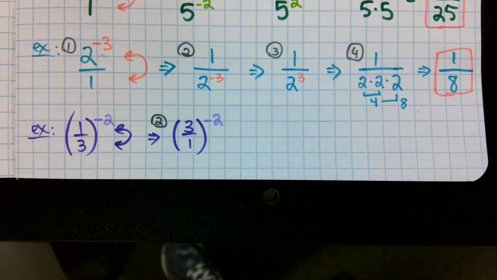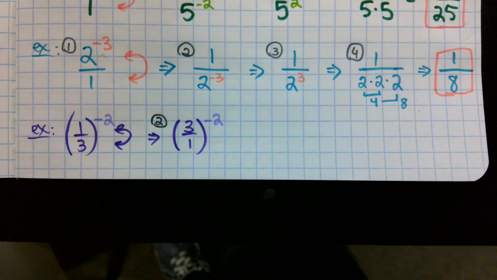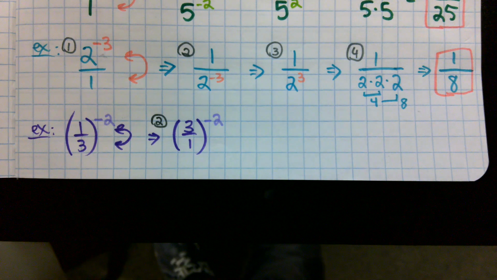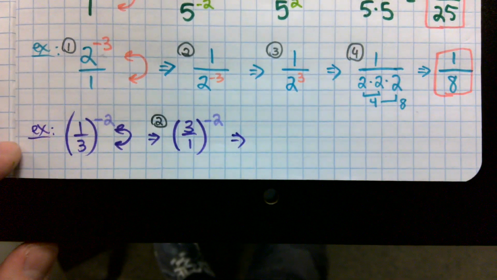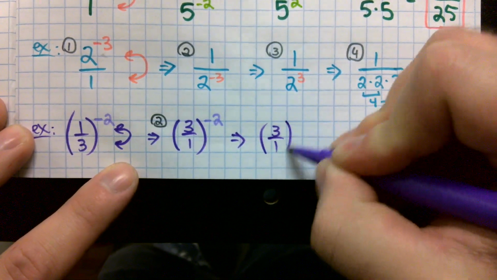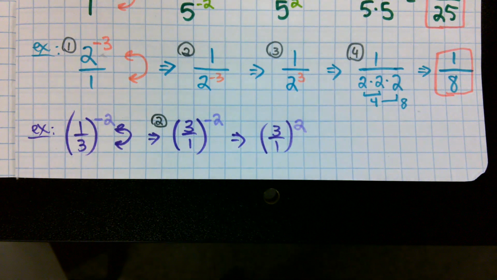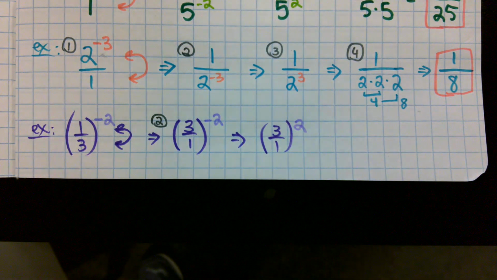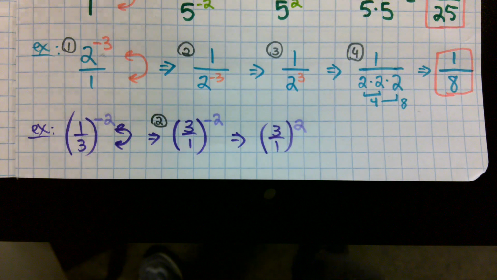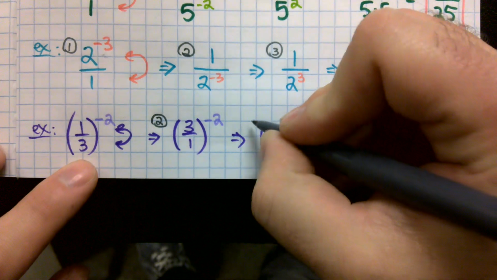Sorry, I forgot to put the little step numbers on that blue example, but there they are. What's my step 3 going to be? Make the exponent positive. 3 over 1 to the power of positive 2. Hopefully you guys are seeing where this is going. That was our step 3.